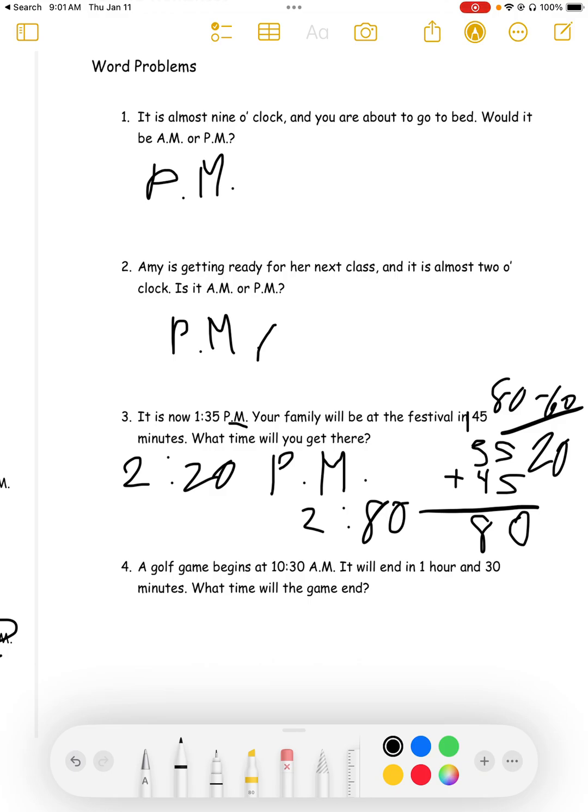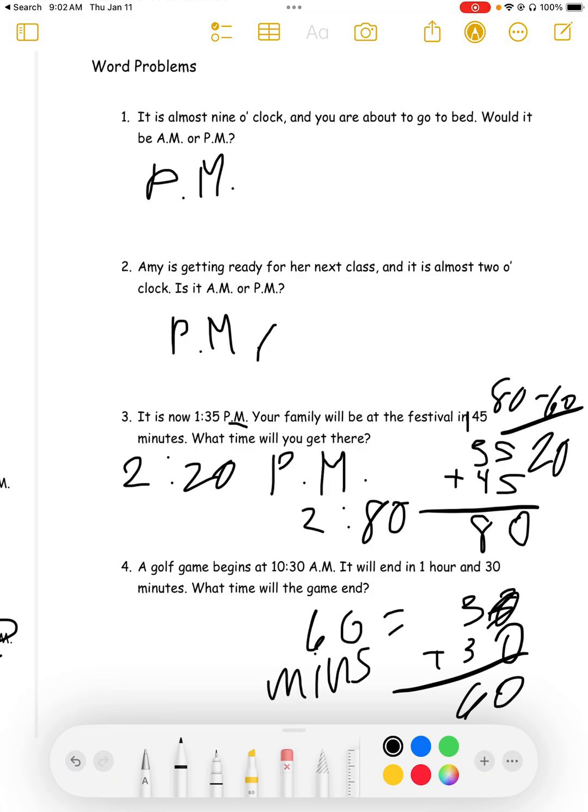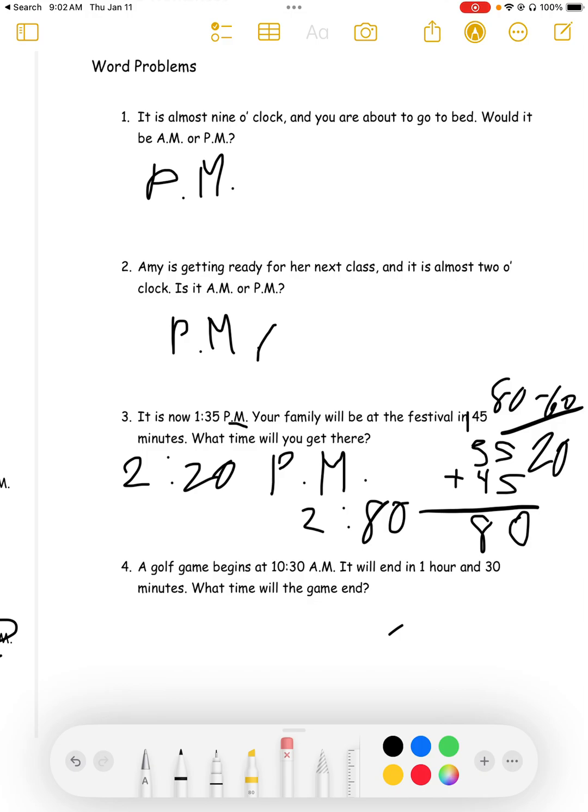Number 4. A golf game begins at 10:30 a.m. It will end in 1 hour and 30 minutes. What time will the game end? So we'll add 30 plus 30 again, which we know equals 60, and 60 minutes equals 1 hour. So it'll be 11, but we have to add another hour.